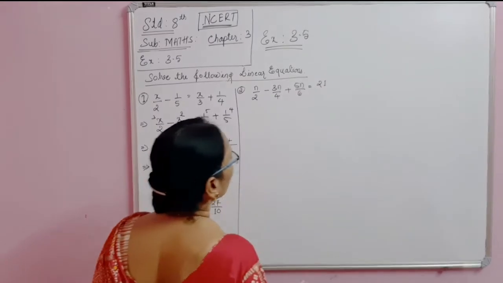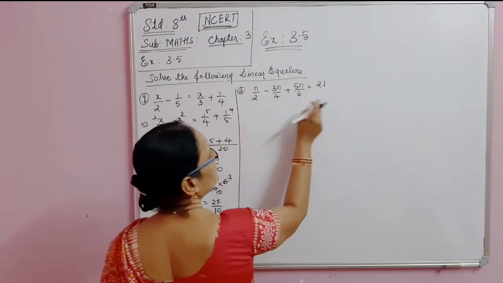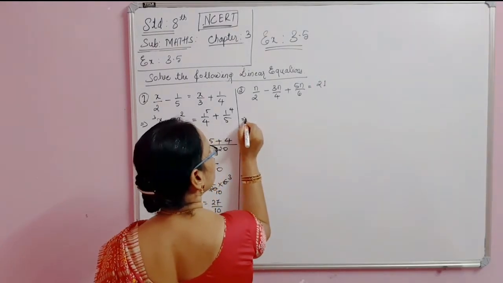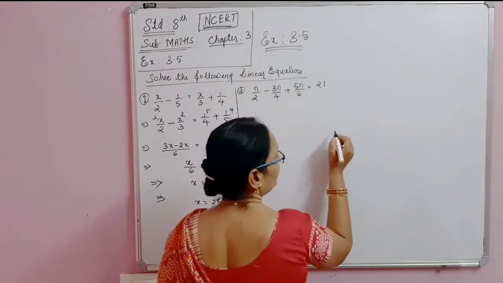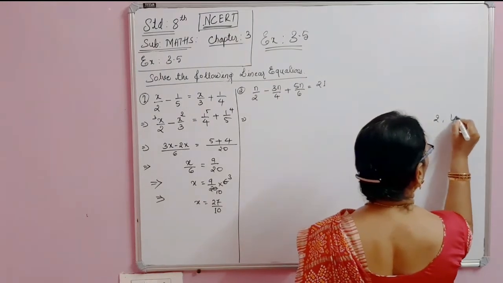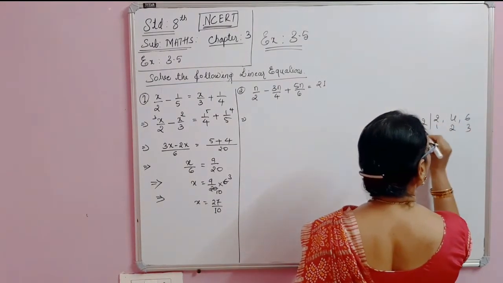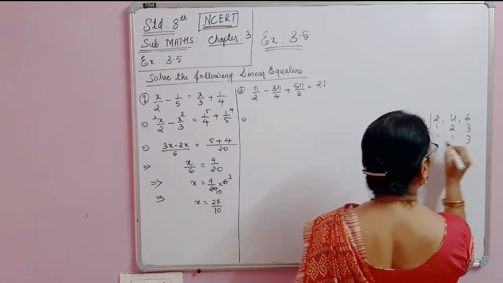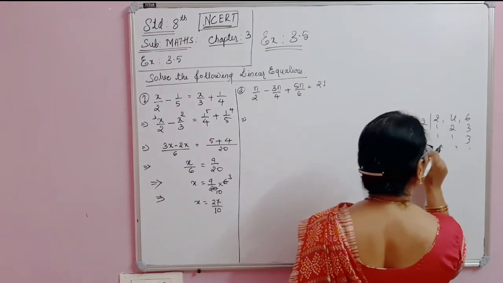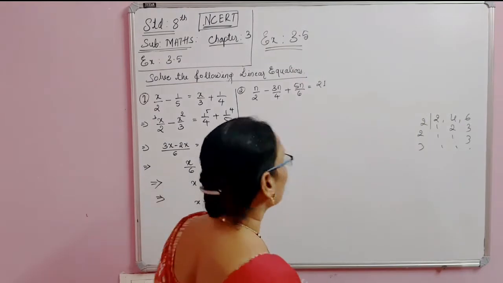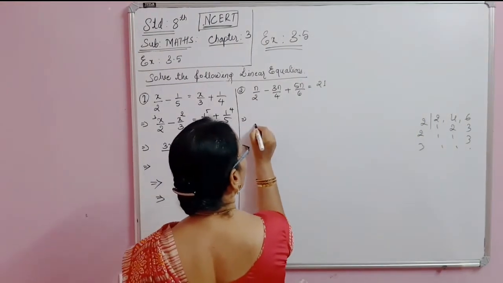Now LCM of these 3. What is the LCM of 2, 4, 6? In the working column, if you want, you can take like this. 2 1s are 2, 2 2s are 4, 2 3s are 6, 2 1s are 2, 1s are 3. 3, 1, 1. 3 2s are 6, 6 2s are 12. So what is the LCM? LCM is 12.